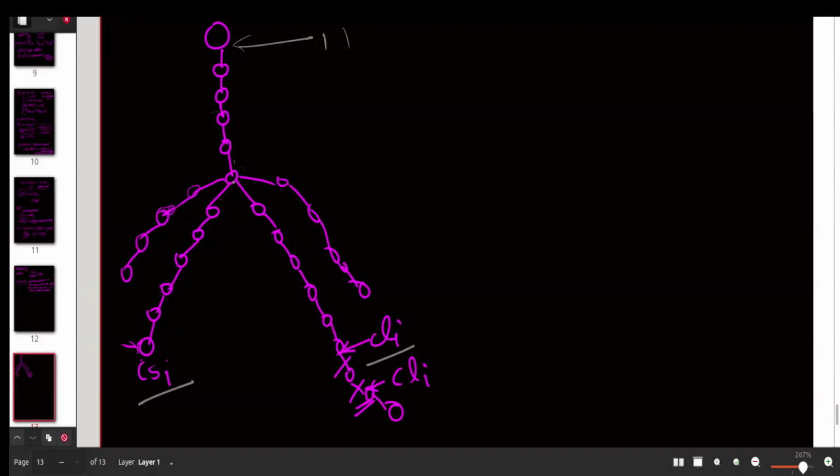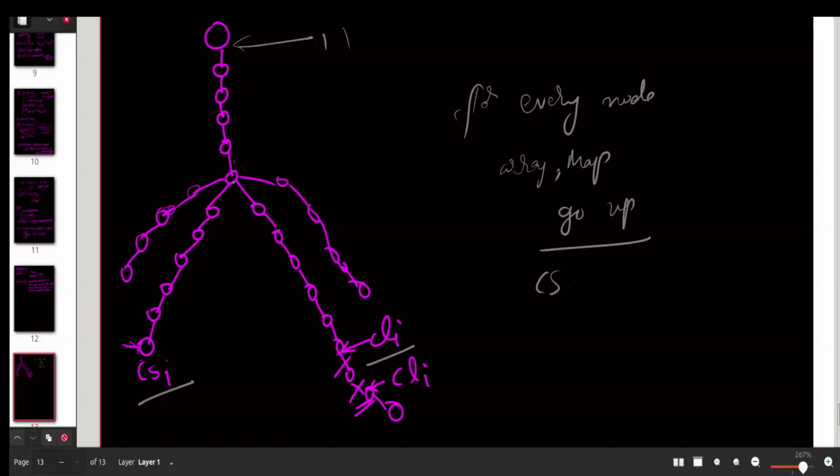Now, if I tell you that for every node, I have an array or a map, something, where the key is the number of times you want to go up.